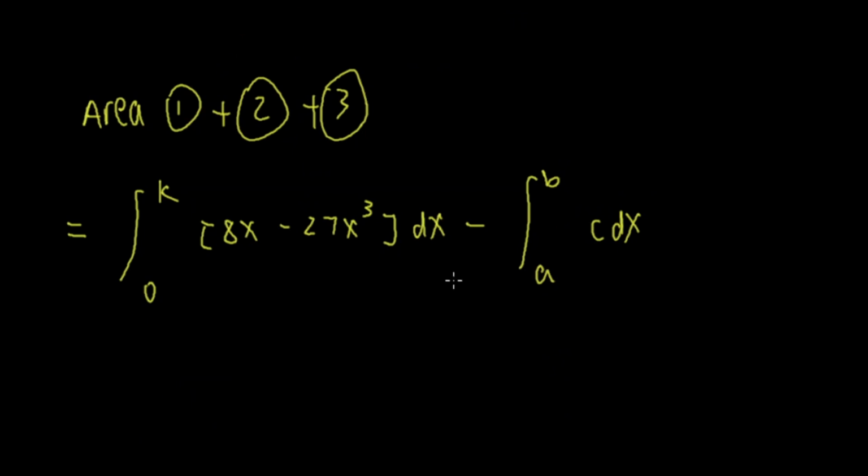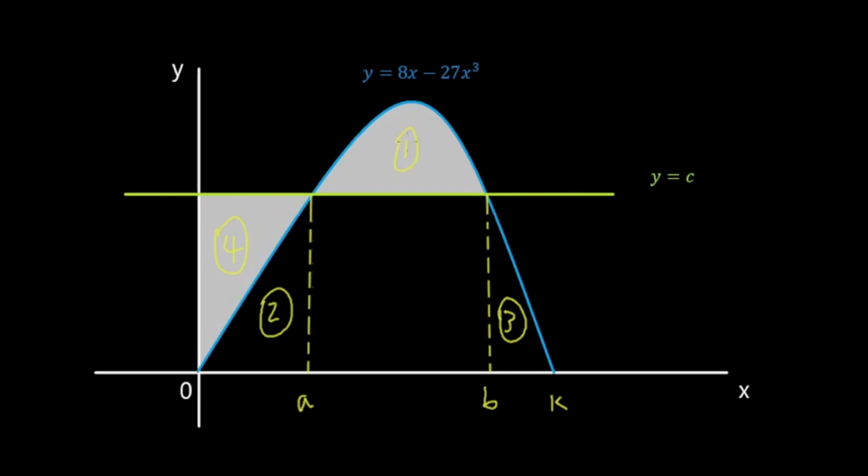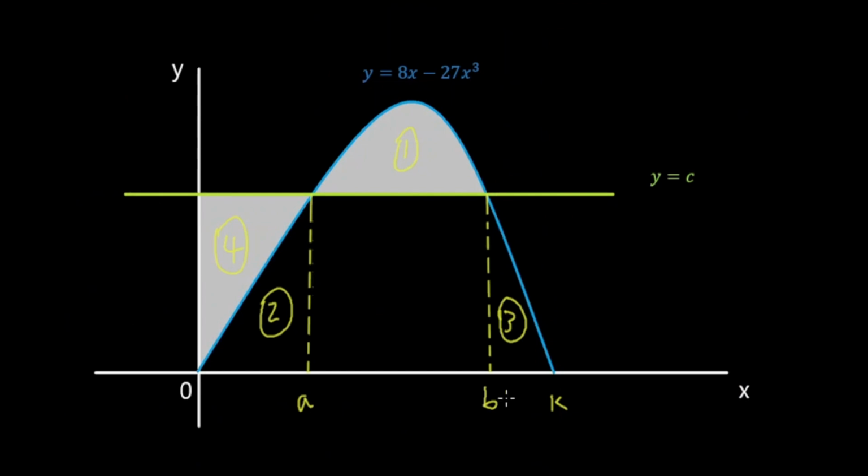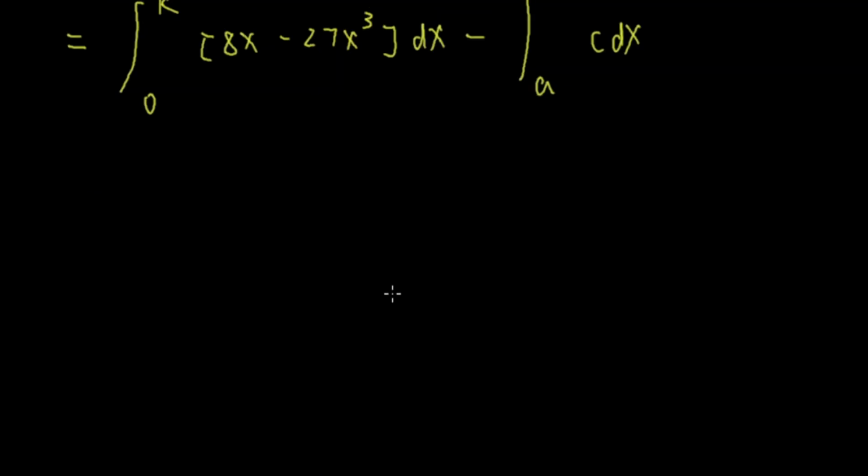Okay, so this is the area of 1 plus 2 plus 3. Now, we don't know the value of a and b, but we can find the value of k by finding the x-intercept of the cubic function, ax minus 27x cubed. Okay, let's do that. So find the value of k.